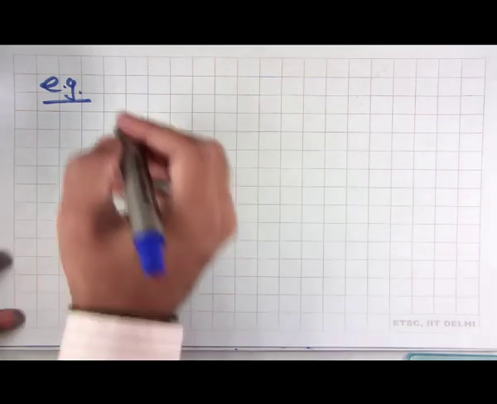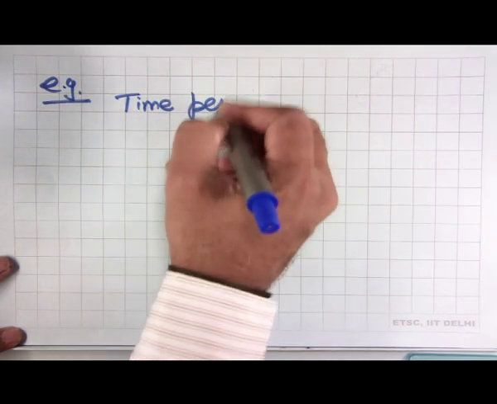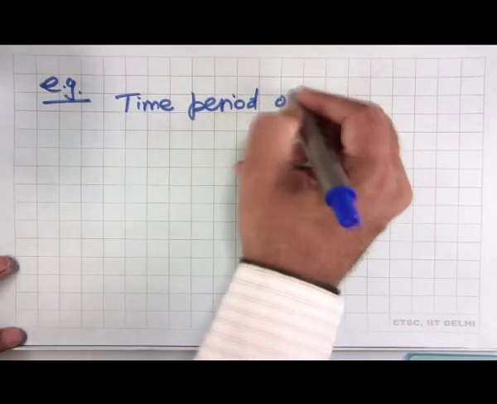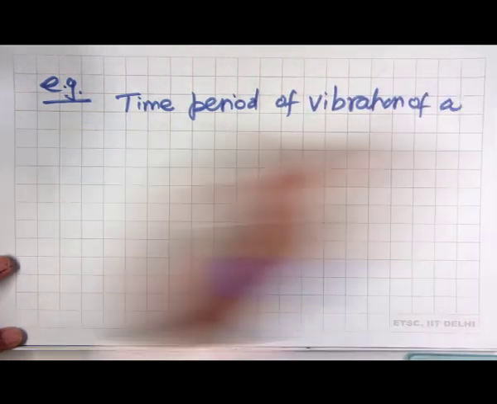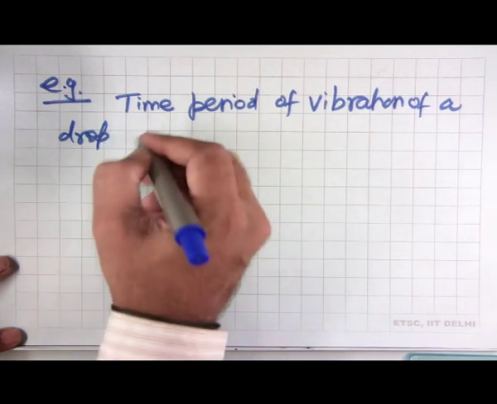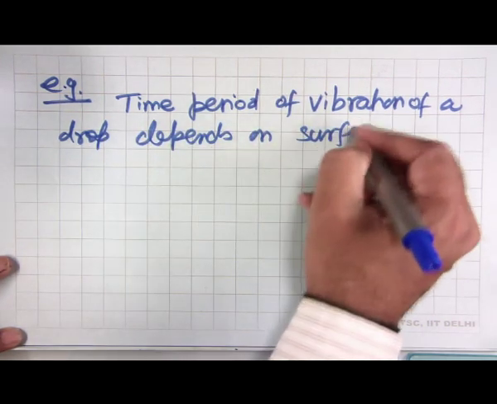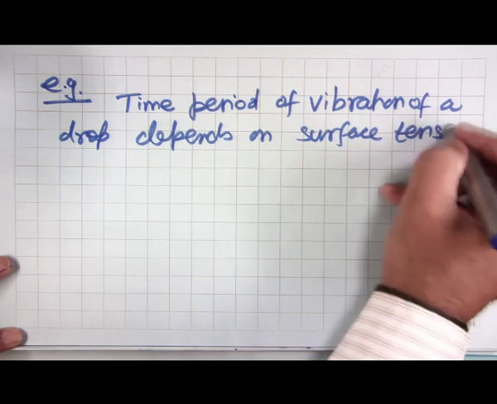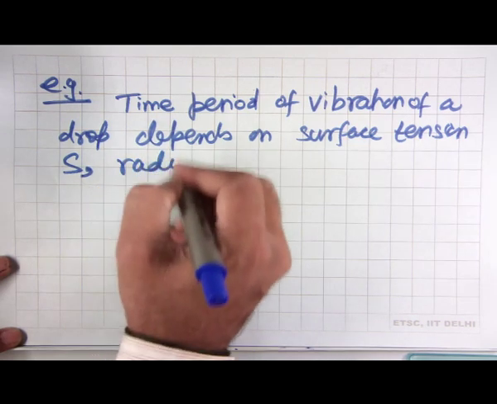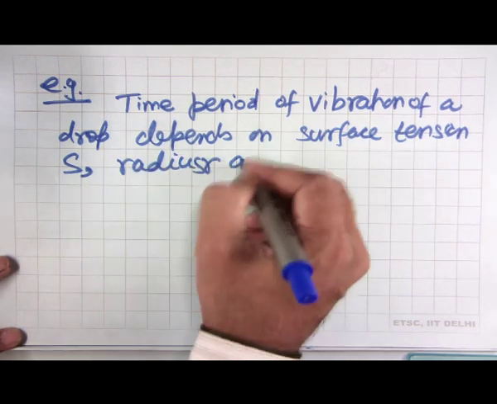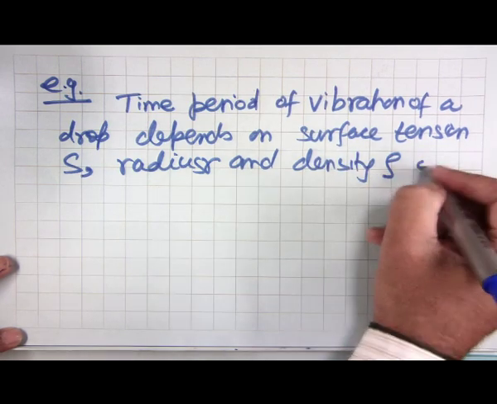It is given to us that the time period of vibration of a drop depends on surface tension S, its radius r, and density rho of the liquid.